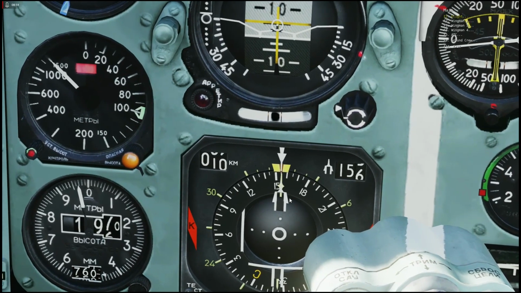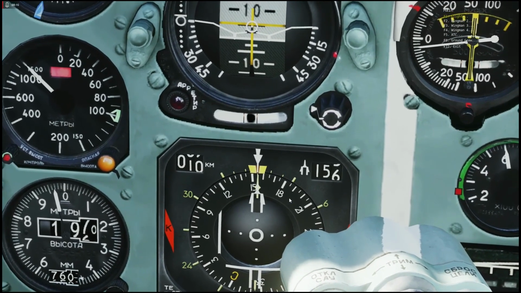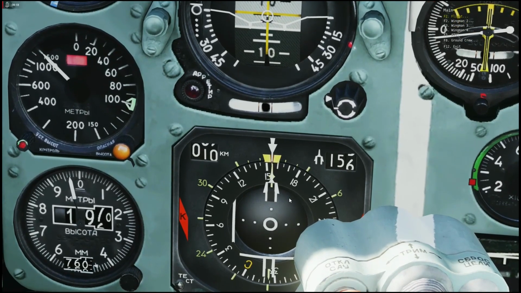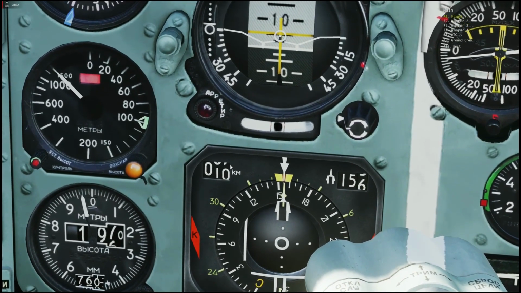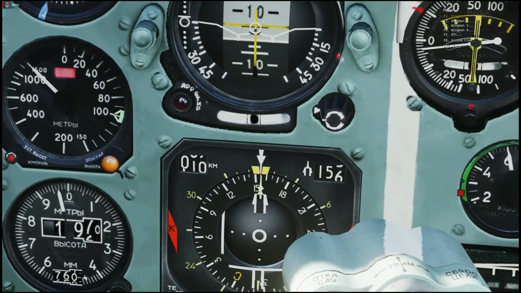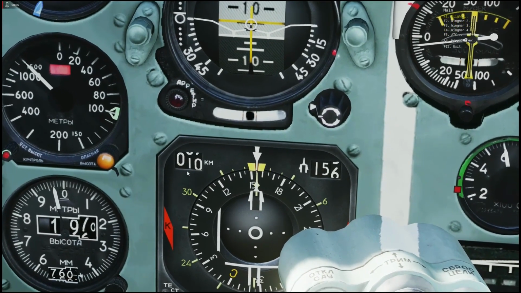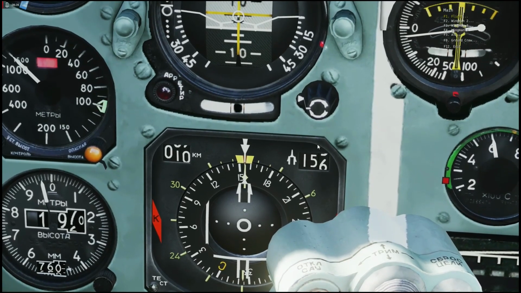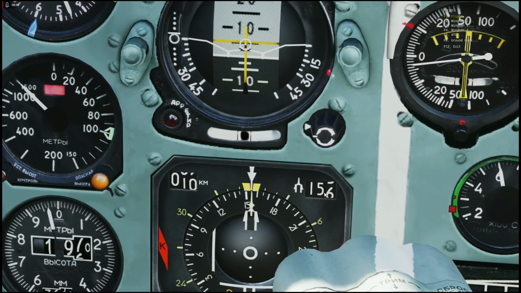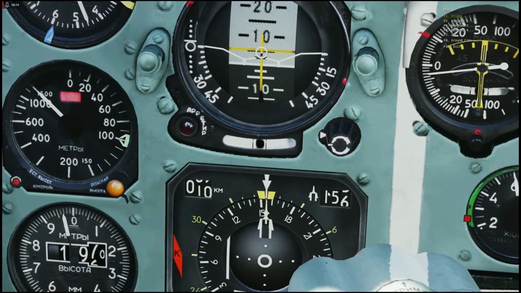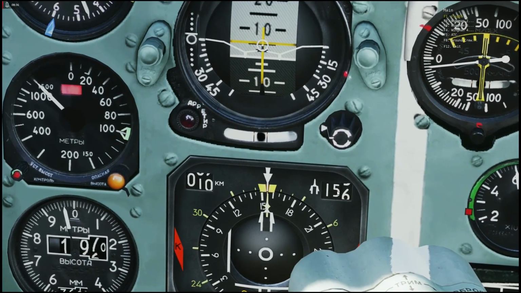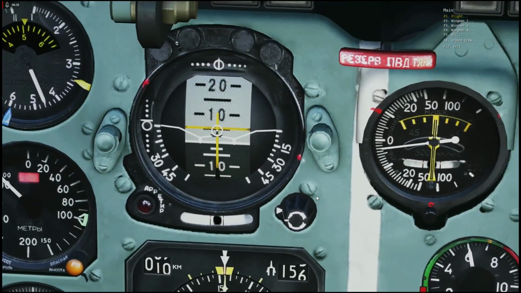That yellow arrow shows you direct course towards your steer point. And as I said, you have here the remaining distance to your steer point, here the desired heading towards your steer point. This heading is not the direct heading toward the steer point.